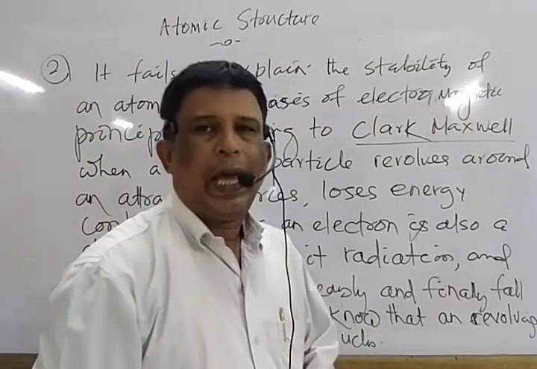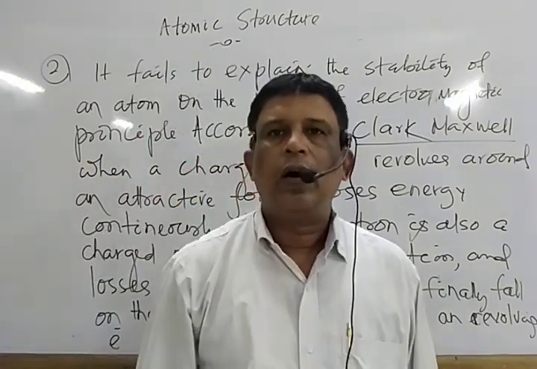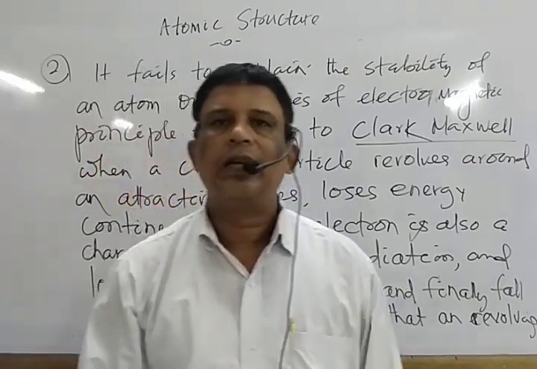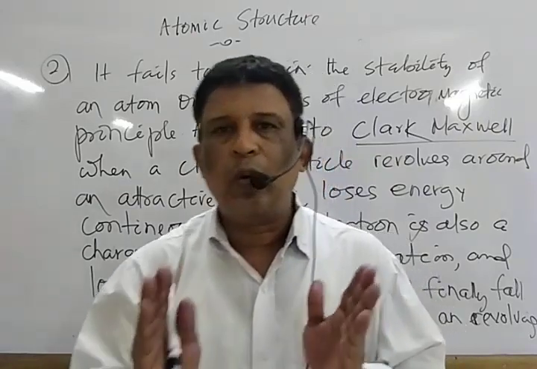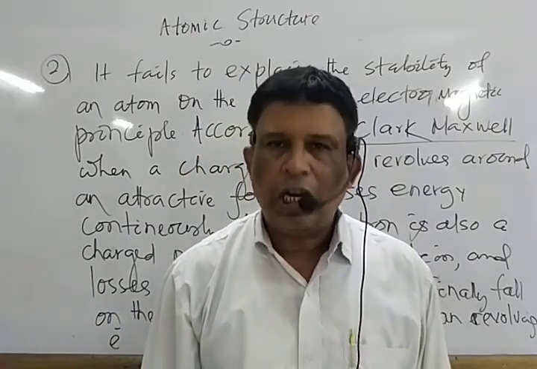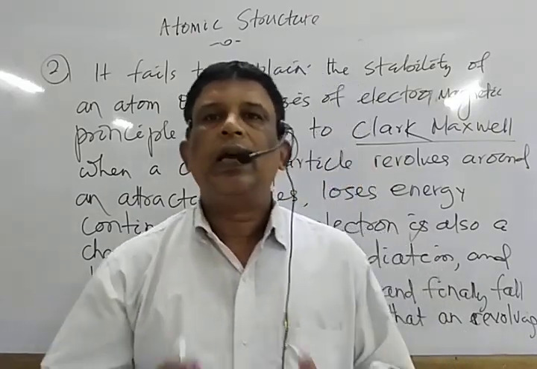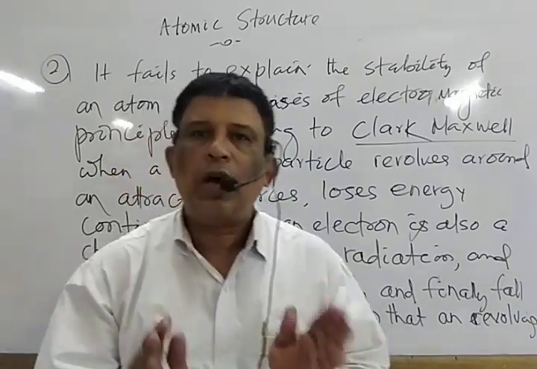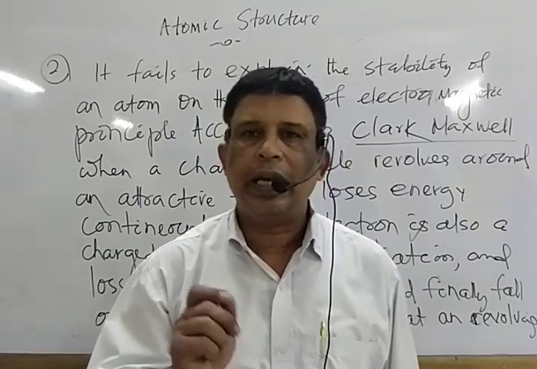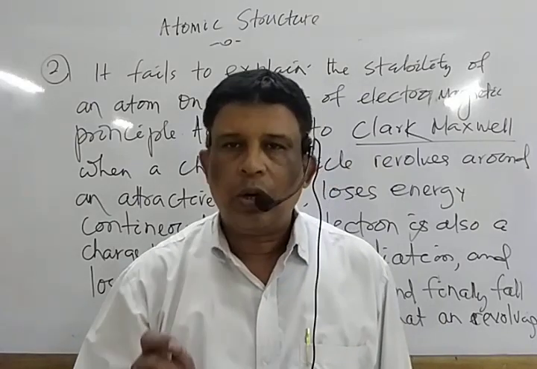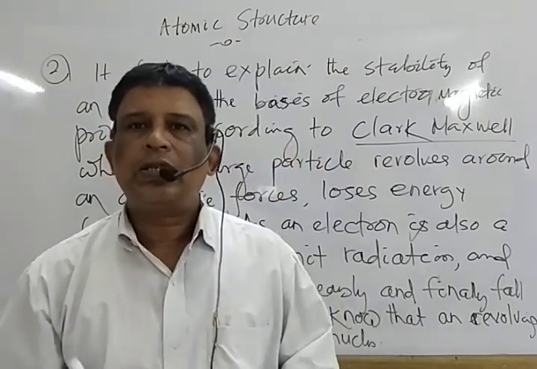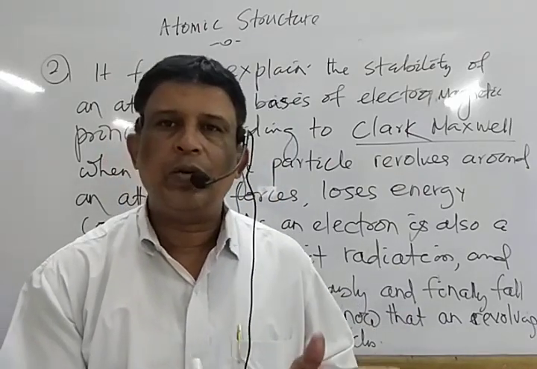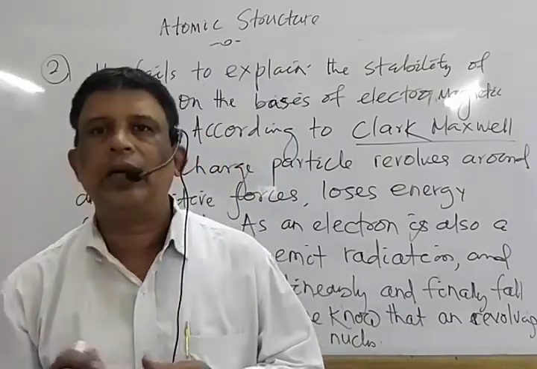These are the two important demerits of Rutherford atomic model. So today, students, in the class 1 of the chapter atomic structure, I was able to give a little idea about the subatomic particles, what is electron, proton and neutron, and some fundamental values relating to electron, proton and neutron.